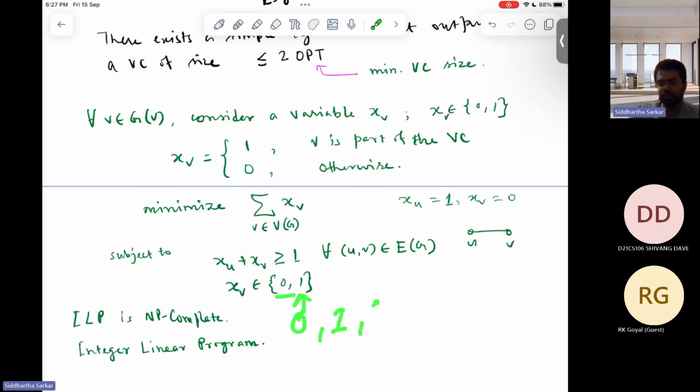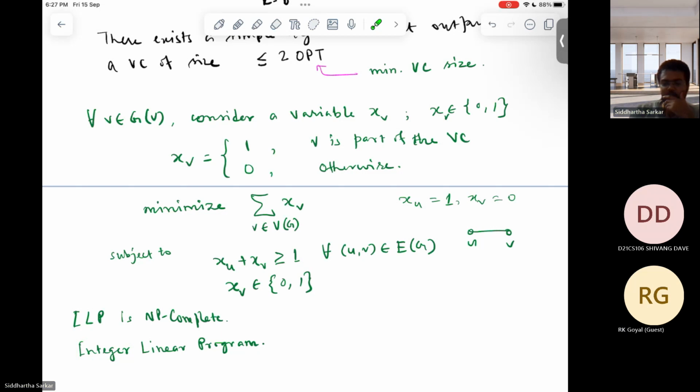Maybe there are programs where you allow other integers to be in the domain. In fact, you can allow a set of natural numbers. But in our case, the formulation is such that you have 0 and 1 in the domain from which every variable has to be assigned values. So that is the reason we are saying that this is an integer linear program. Okay, clear.